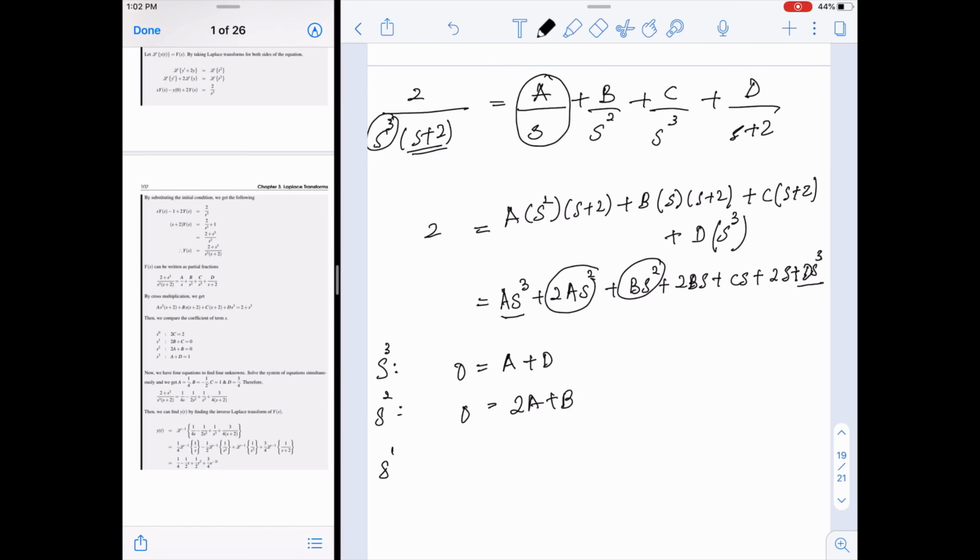What about s to the power of 1? We have three terms over here: B, Cs and 2C.